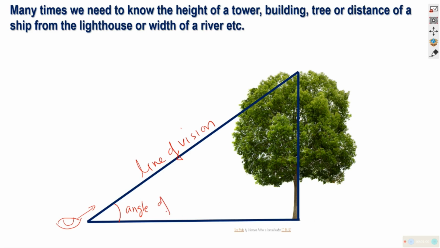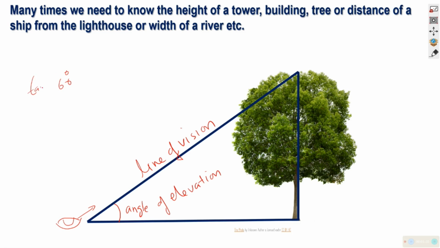Understood? This is the angle of elevation. You will get the angle using the instrument which is used for measuring the angle of elevation, and thereby you will be getting the angle of elevation in degrees. Suppose that it happens to be 60 degrees.